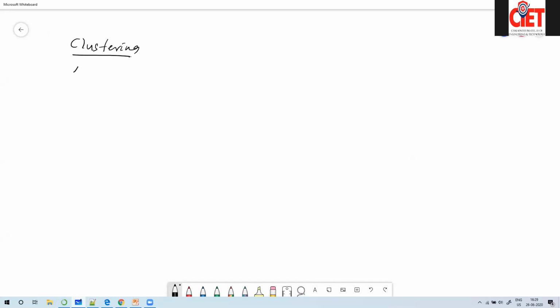So you have only input variables x1, x2, x3, x4. These are the 4 input variables that we have. There is no target variable. So this is unsupervised learning for us. In unsupervised learning, we would not have any type of target variable.